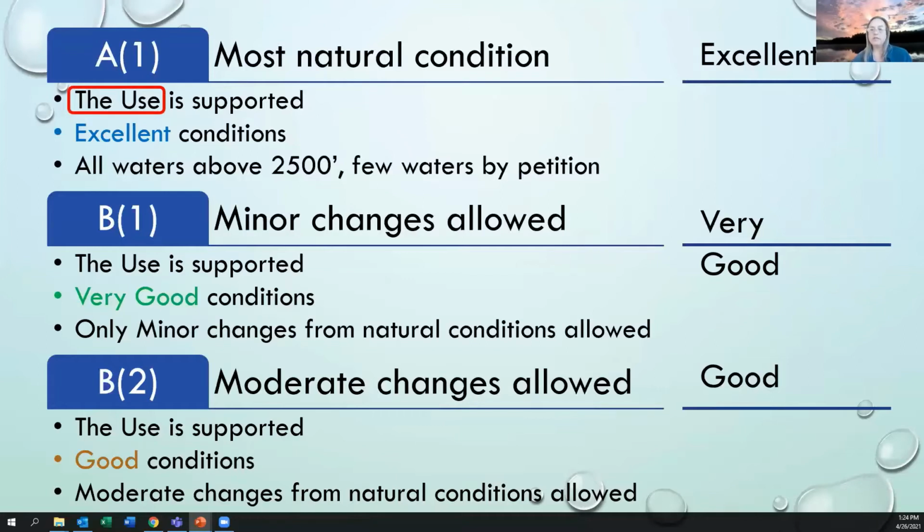It says the use, a particular use. So whatever that water might be designated for, if it's aquatic habitat, that this is an excellent spawning stream for fish, so we have it as aquatic habitat A1. At that point, those are in excellent conditions.